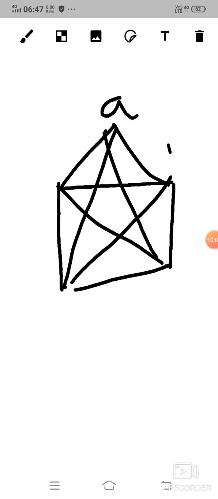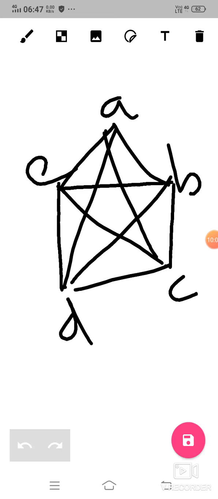Let us name this A, B, C, D and E. You can just count the number of vertices and number of edges. Here the number of vertices is 5 and the number of edges is 10.